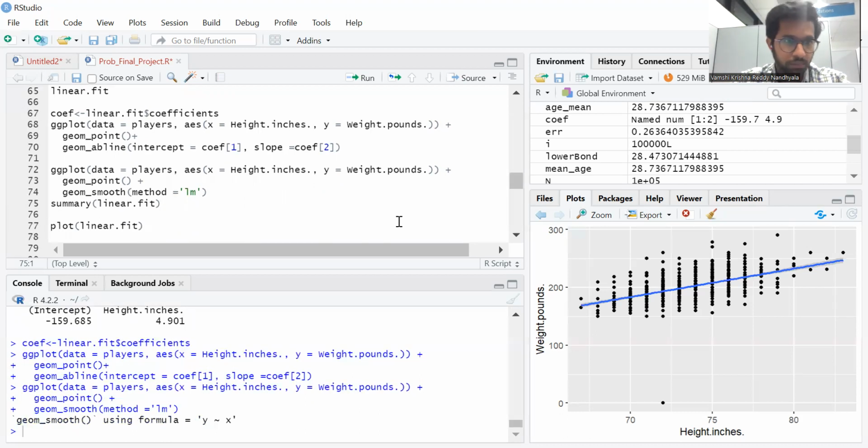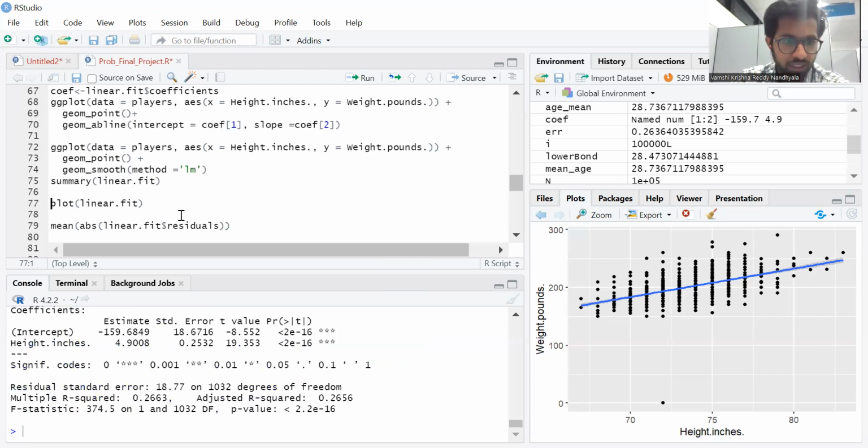This is the same, just a different way to present the graph. I'm just using geom_smooth with method equal to lm instead of using intercept equal to coefficient 1 and coefficient 2. Let me just grasp the summary of the linear fit.